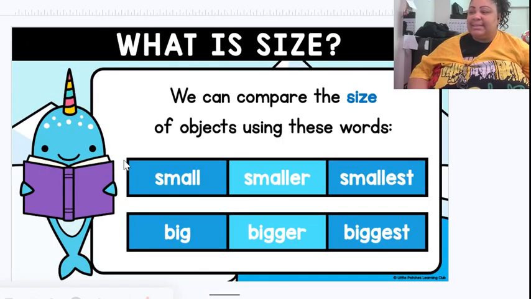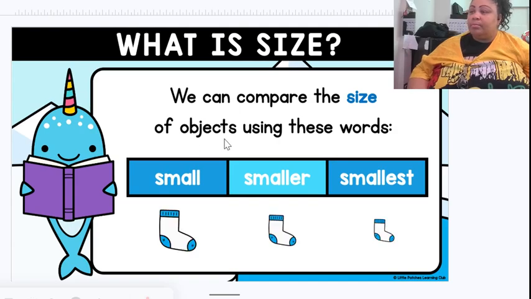We can compare the size of objects using these words: small, smaller, smallest, big, bigger, biggest. We can compare size of objects using these words: small, smaller, smallest.